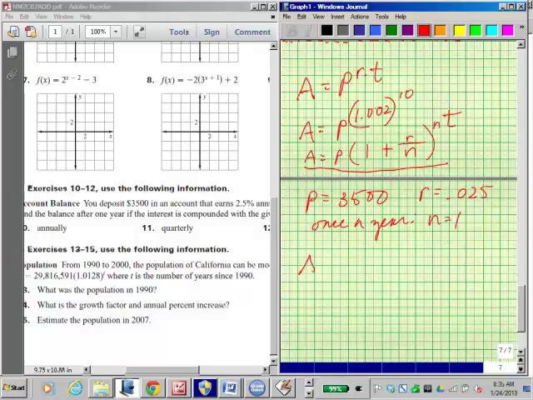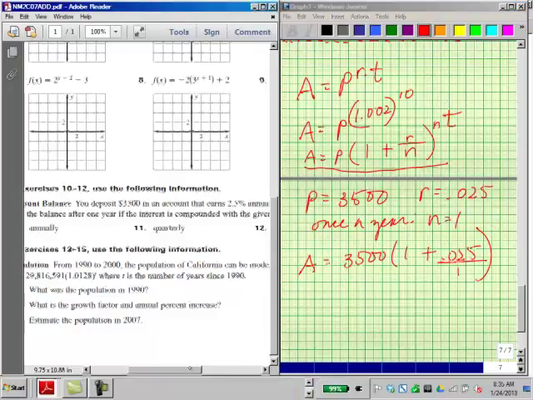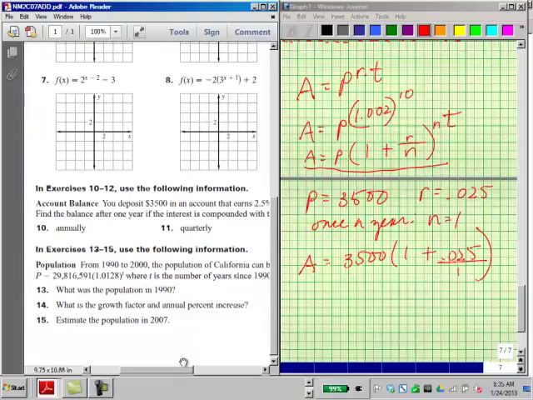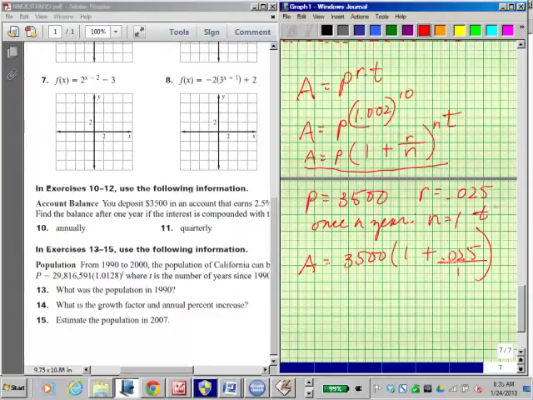So the amount of money you're going to have equals the principal, $3,500, times 1 plus 0.025 divided by 1, raised to the power of the number of years. t equals 1 year, to the first power.